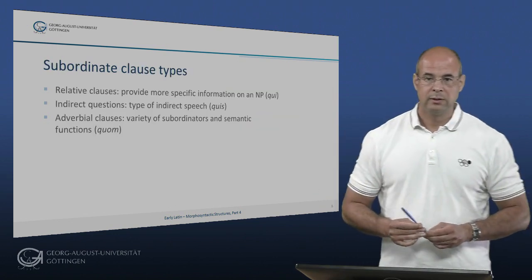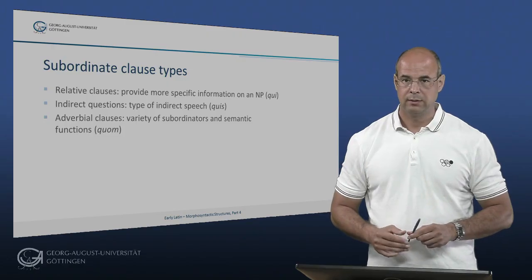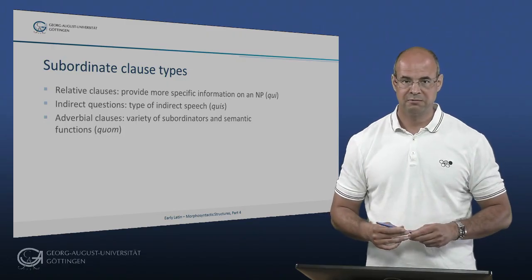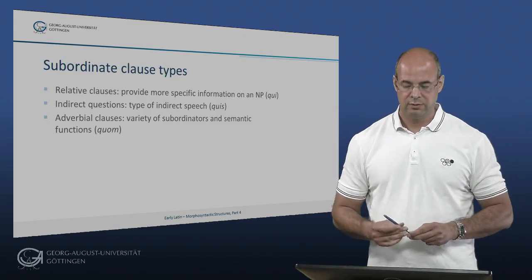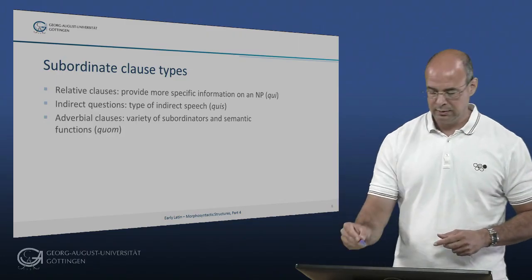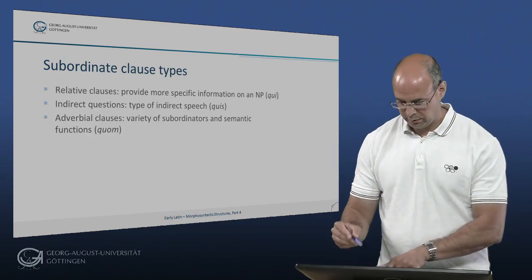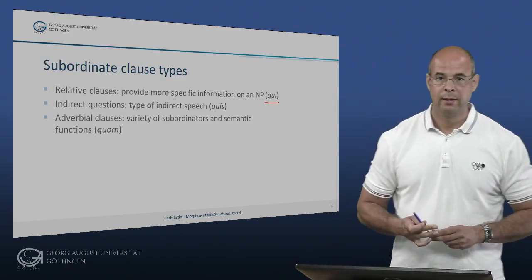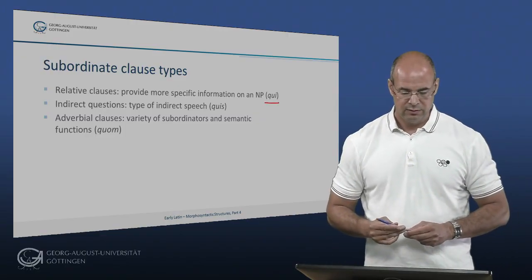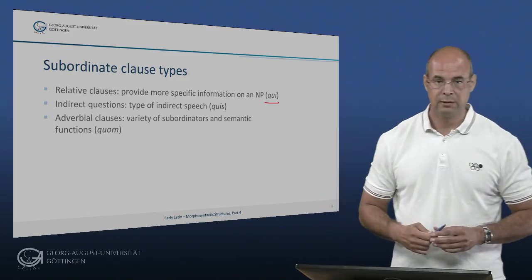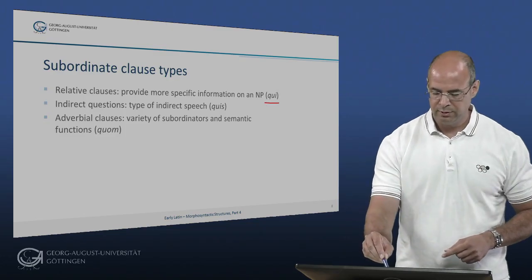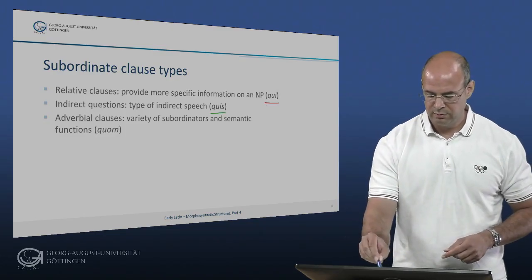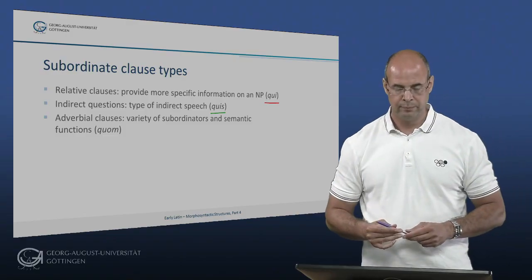Let's look at subordinate clause types in Latin. Latin has three main types of finite subordinate clauses. We get relative clauses, introduced by relative pronouns, such as qui. We get indirect questions, providing some kind of indirect speech, introduced by cognate question pronouns, such as quis.